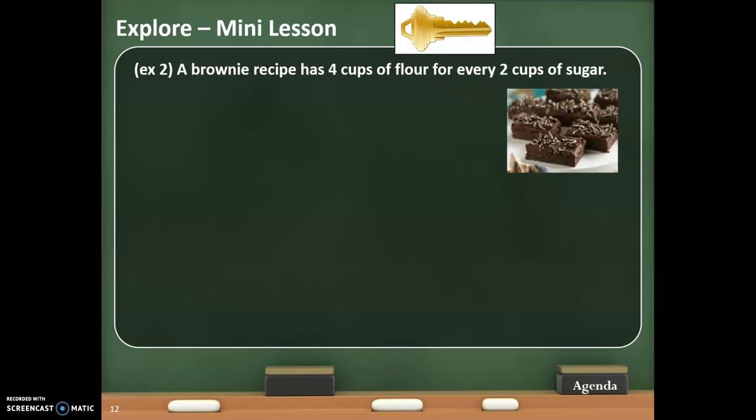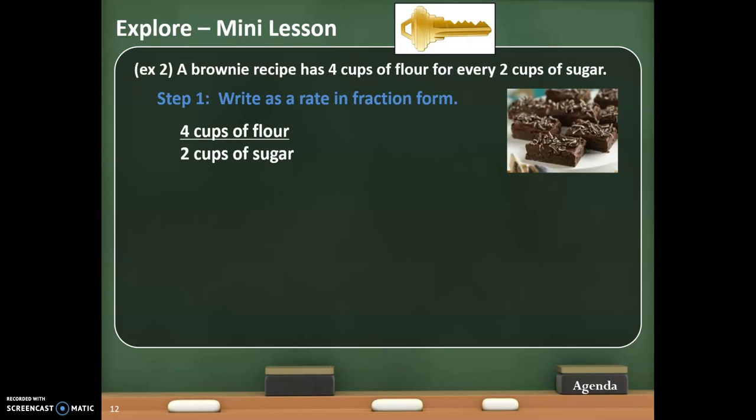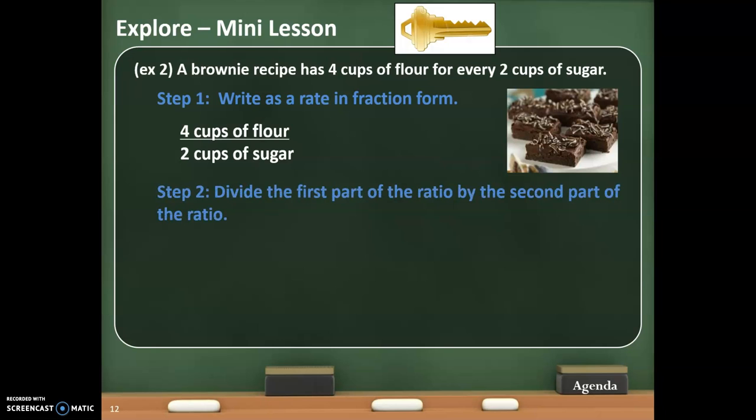Let's take a look at our brownie example. Our recipe has 4 cups of flour for every 2 cups of sugar. Step 1, we're going to write our rate in fraction form. Step 2, we're going to divide the first part of the ratio by the second part of the ratio. Both of those get divided by 2. 4 cups of flour divided by 2 is 2 cups of flour. 2 cups of sugar divided by 2 is 1 cup of sugar.